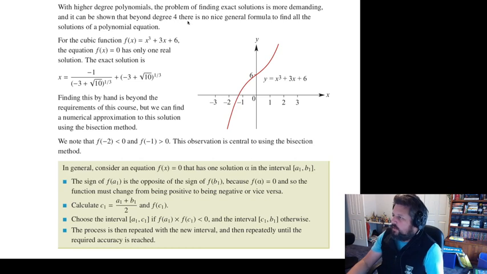So if you were to have an approximation of what the solution is for y equals x cubed plus 3x plus 6, to start off with, because it changes direction from here to here, you could quite comfortably say the solution is going to be between negative 2 and negative 1. It's somewhere in between negative 2 and negative 1 as an approximation. Yep, that's very, very general at the moment. But you can clearly see it is in between negative 2 and negative 1.